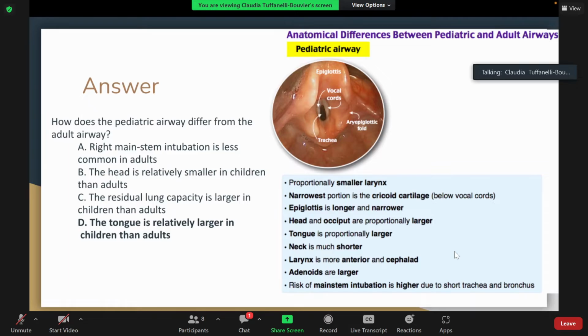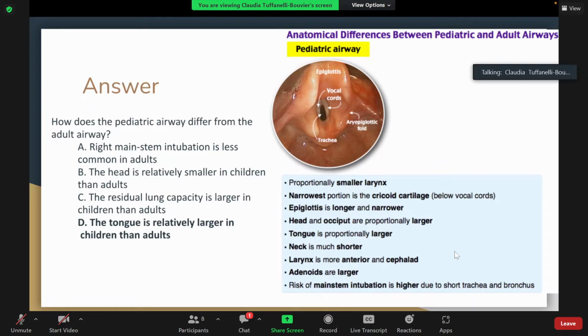I don't think you guys do a ton of pediatric stuff or see kids as much, but it's good to know in case you do run into it. We're talking about the Macintosh versus the Miller.